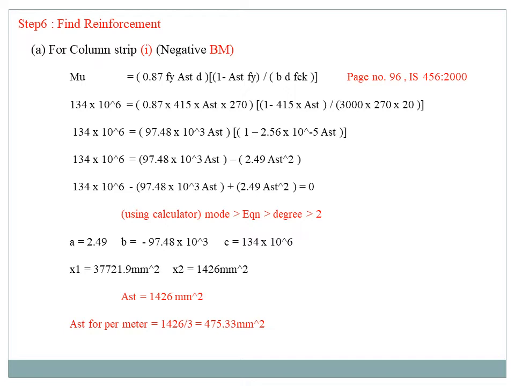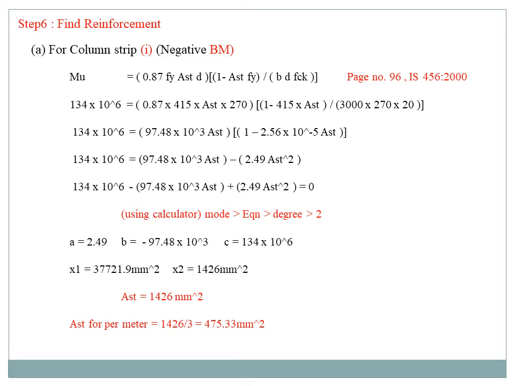Sometimes the equation is given as third order, and then you click third order degree. In this step second order is enough. So x1 and x2 values are given in the calculator's answers, and we take the least value for AST. So AST's least value is 1426 mm square.